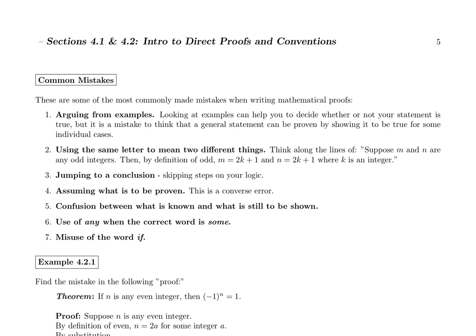We wouldn't want to make it m equals 2a and n equals 2a, because then we're saying that m and n are the same even integer, which defeats the purpose of proving that the statement is true for all even integers. That would be just true for the same m and n.